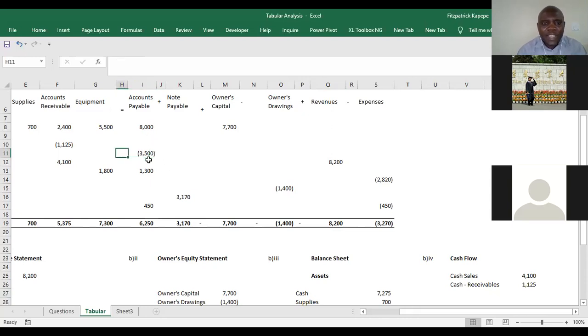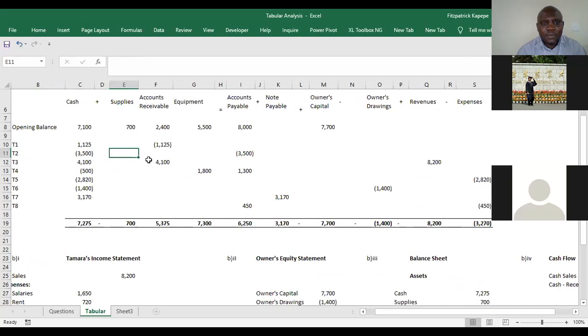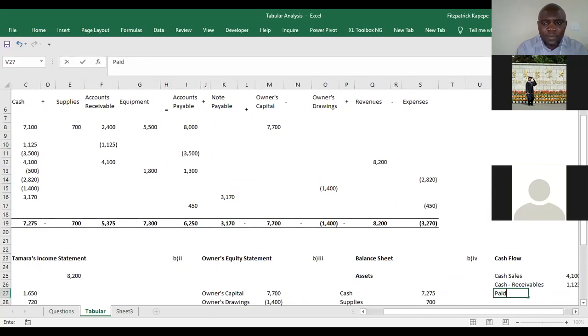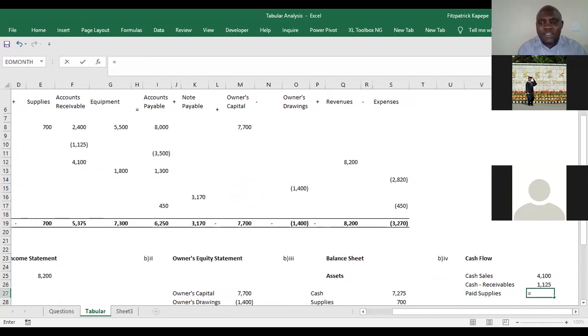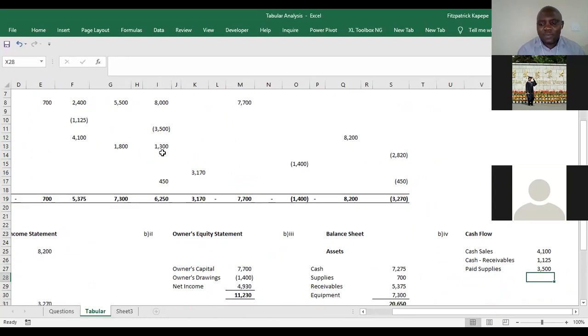You paid suppliers of this cash. So I'll say paid suppliers. So the suppliers, you paid suppliers of this 3,500. This is what you paid.